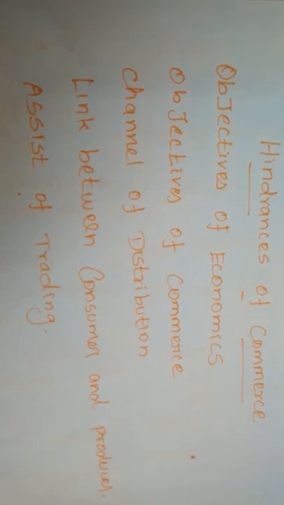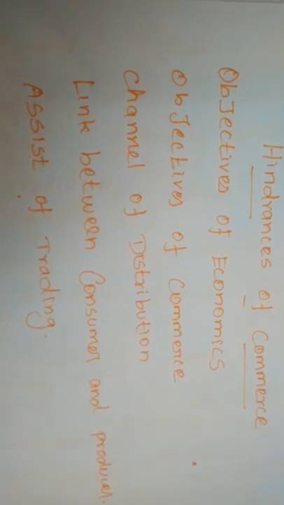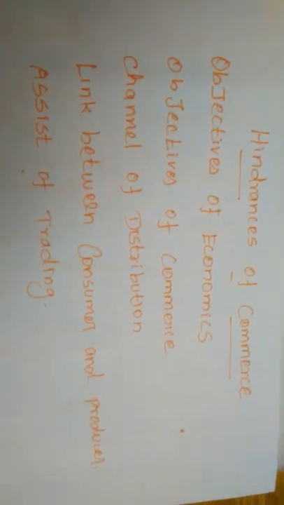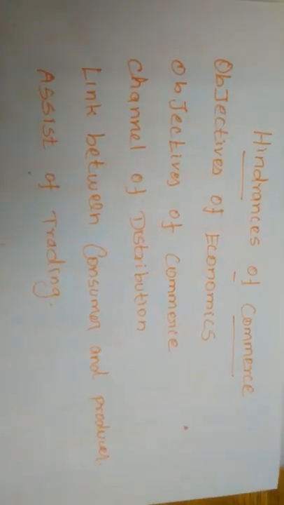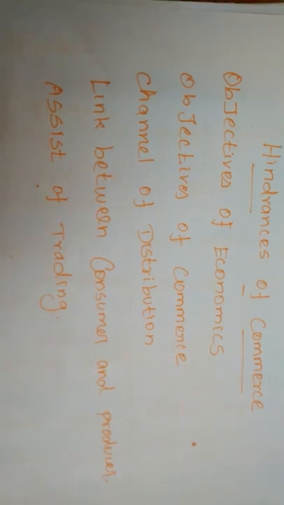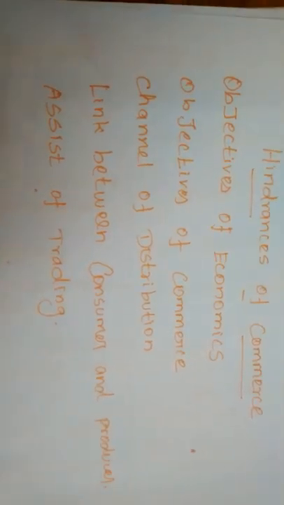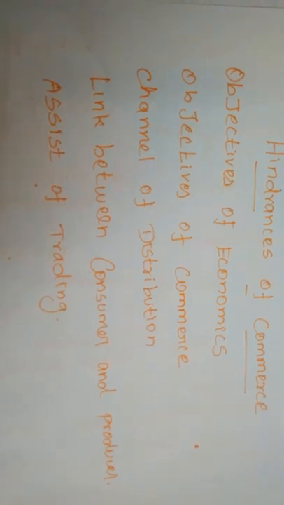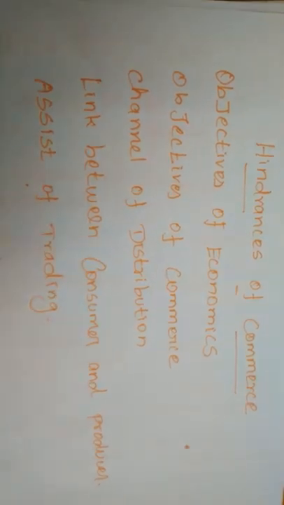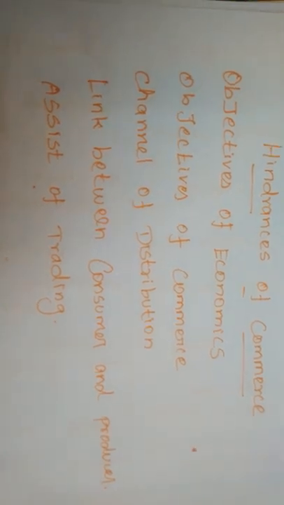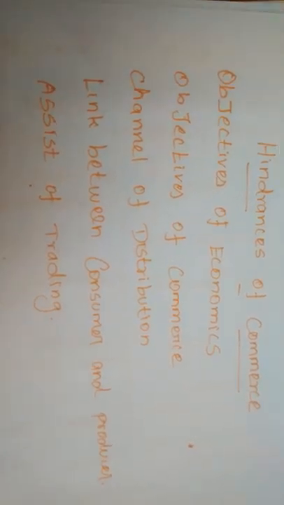Next, the lack of direct contact between producer and consumer. If there is an absence of direct contact, the barter system will come to an end and will not move quickly. Next is the lack of surplus stocks. Both buyer and seller must have surplus stocks.